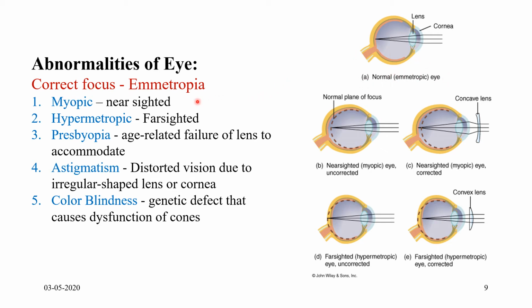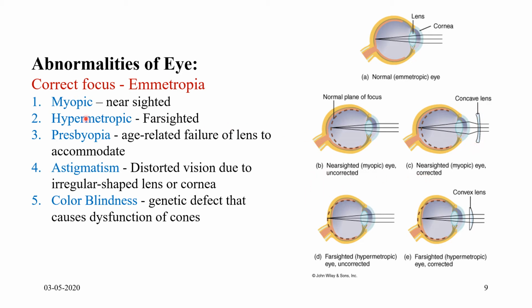Then, in case of myopia or near-sightedness, this is the focusing of the light rays on the retina in the normal uncorrected person. And this defect is corrected by giving them concave lenses.